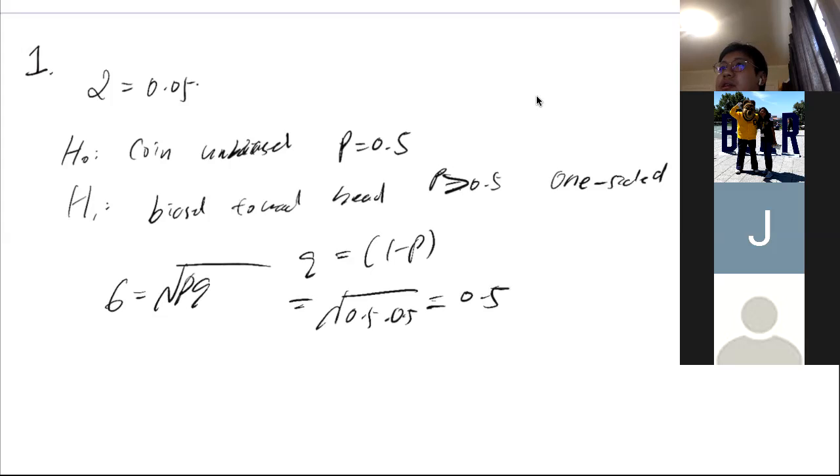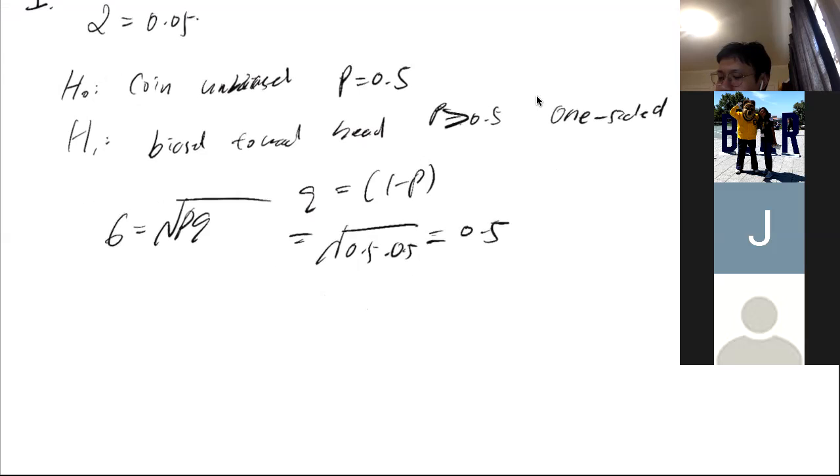So then we want to find the z-score. To find the z-score, we need x bar minus mu divided by sigma bar, where sigma bar is sigma over square root of n.